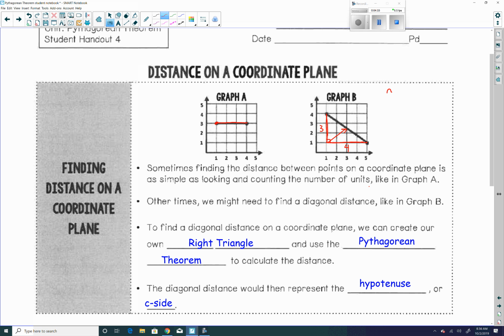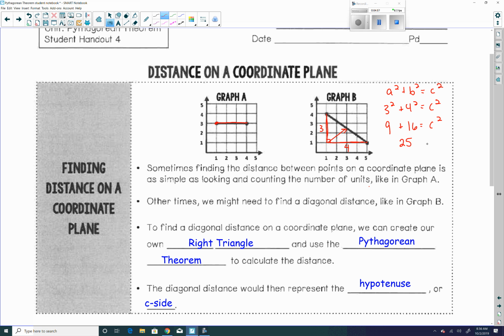So I can use my a squared plus b squared equals c squared and figure out the length of that diagonal there. So I'm going to do 3 squared plus 4 squared equals c squared. 3 squared, of course, is 9. Good. 4 squared is 16 equals c squared. 9 plus 16, 25.